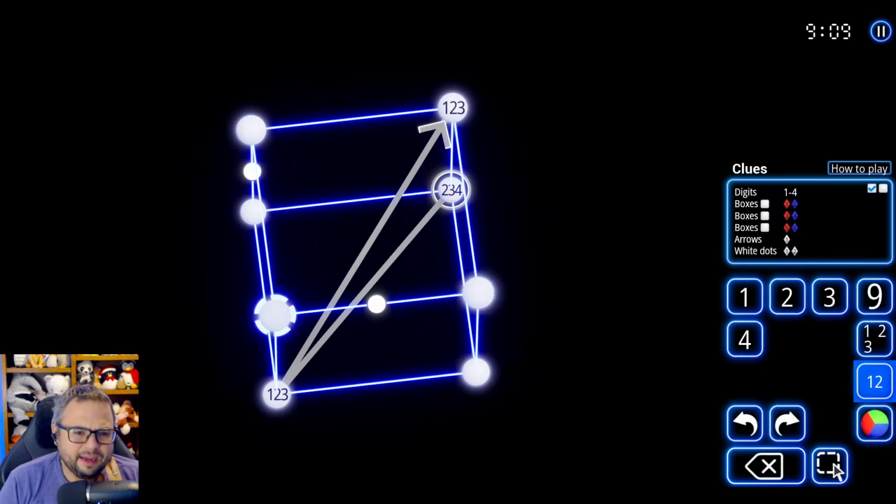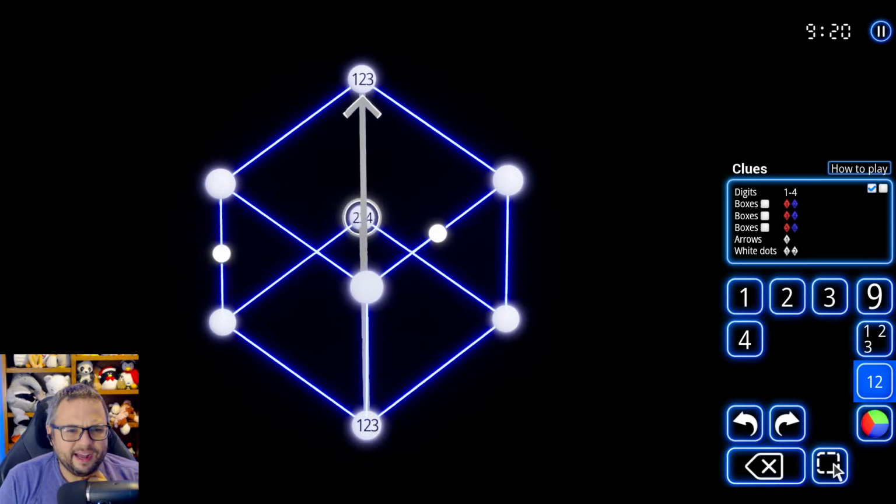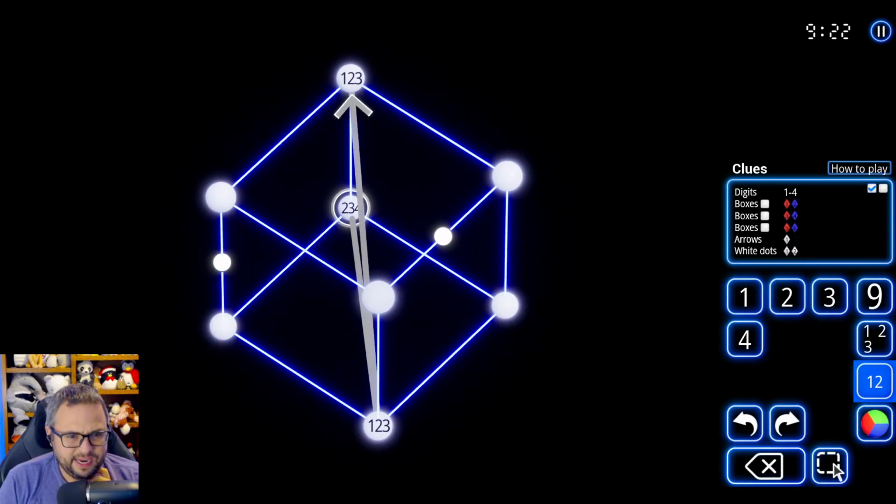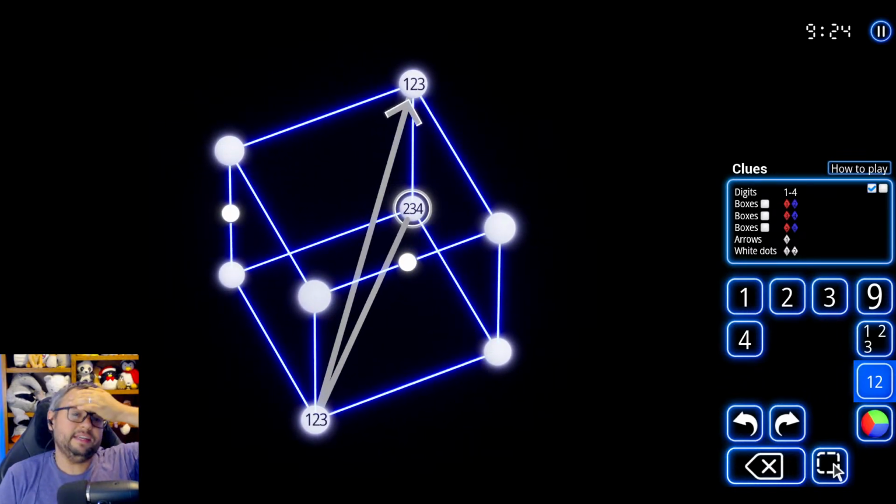Yeah, so, let's see. Are the 2 white dots definitely different? Yes, the 2 white dots are definitely different. The 2 white dots can't be the same because this cell, for example, can only be on one of the white dots.